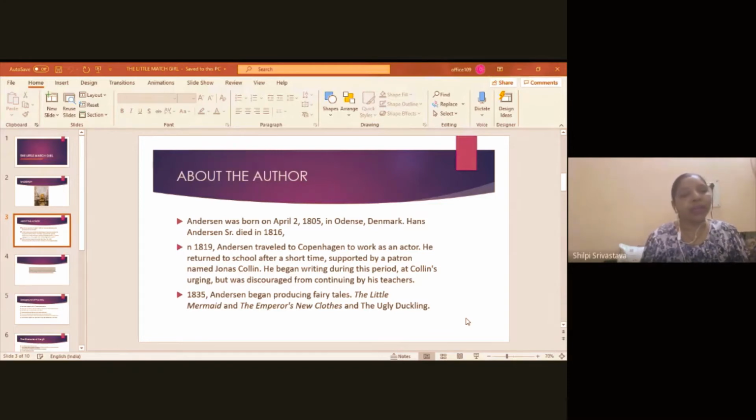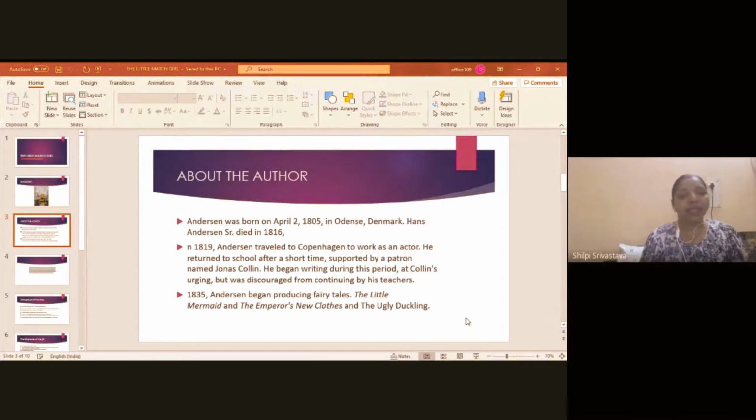Similarly, in Europe, mostly there was a trend that the children adopted some part of their father's name or their grandfather's name into their middle name or last name. So Hans Christian Andersen Senior was his father.